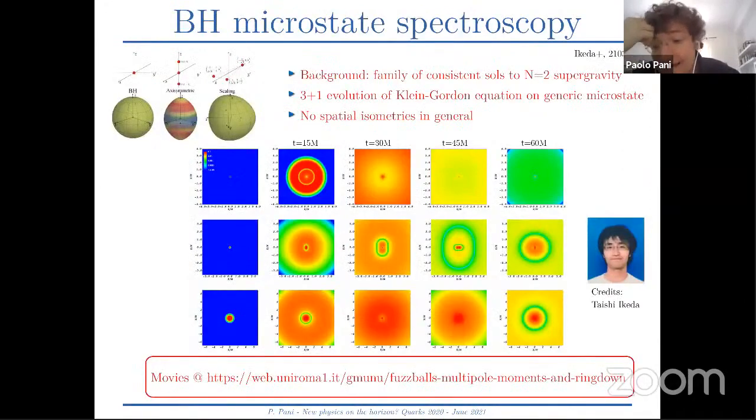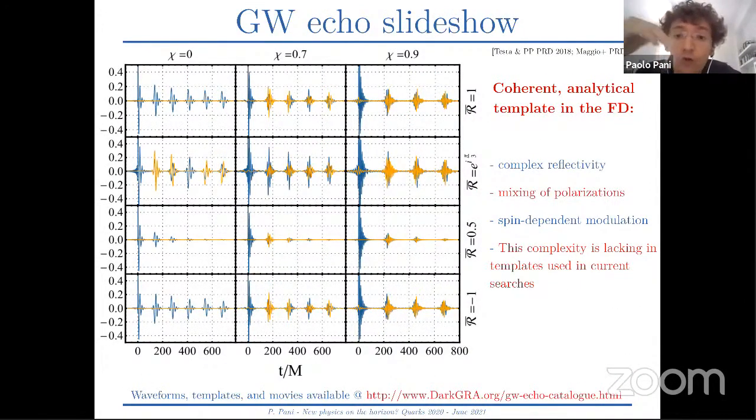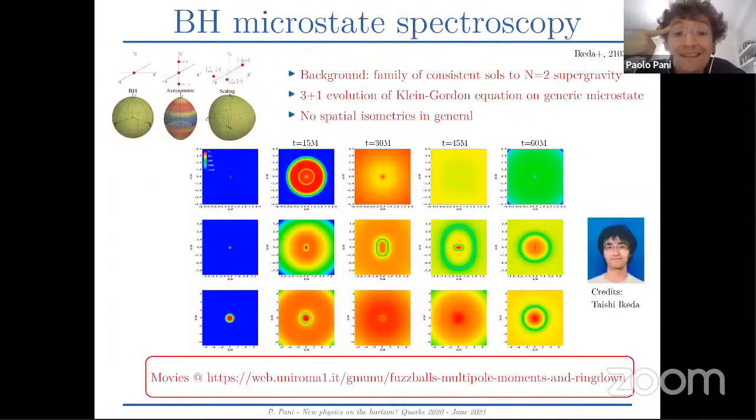And still, this complexity is for a sort of toy model in which one parameterizes the reflectivity coefficient, and there are some simplifications. The situation in reality is actually much more complicated, and very recently with Taishi Ikeda and string theorists from Tor Vergata in Rome, we studied the problem of ringdown for a real solution of an exotic compact object, given by one of these black hole microstates that exist in N=2 supergravity, for a simplified problem.